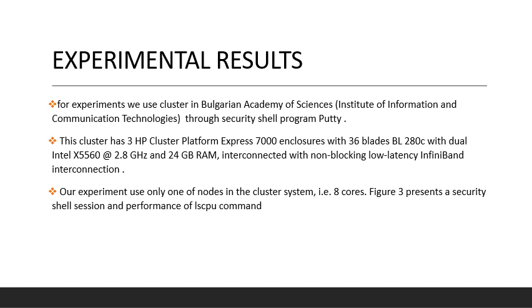These clusters have 3 HP Cluster Performance Express 7000 enclosures with 36 BL280C blades with dual Intel X5560 at the rate of 2.8 GHz and 24 GB RAM, interconnected with non-blocking low latency InfiniBand interconnections. Our experiment uses only one node in the cluster system, with 8 cores. The figure represents a secure shell session and the performance of the lscpu command.